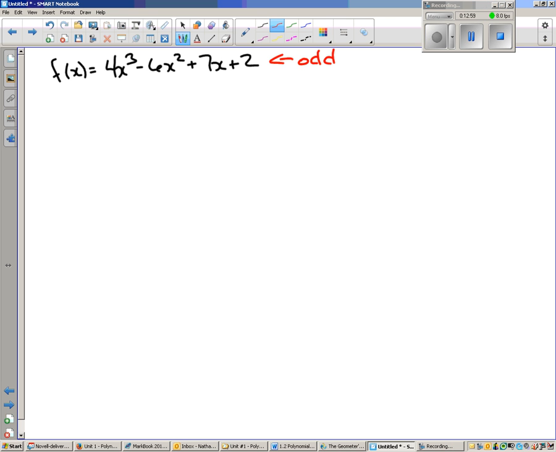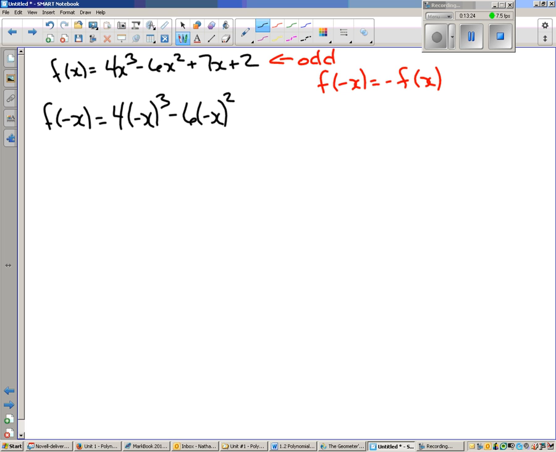Okay? This is a process that will go through your heads. And for it to be an odd function, we got to try and show that that is true. So we start the whole process again, and we'll say, well, f of negative x, and you'll work through that, and we'll get negative 4x cubed minus 6x squared minus 7x plus 2.